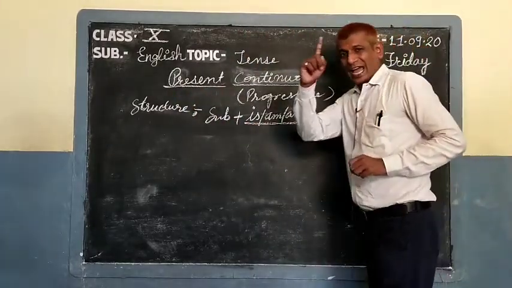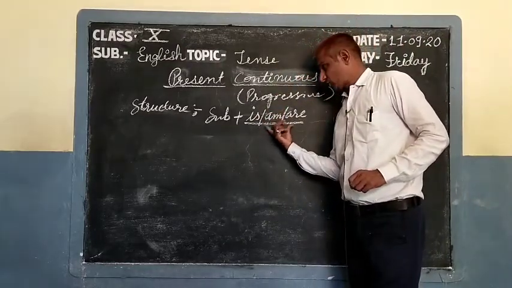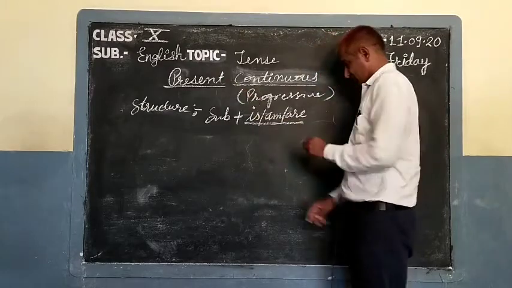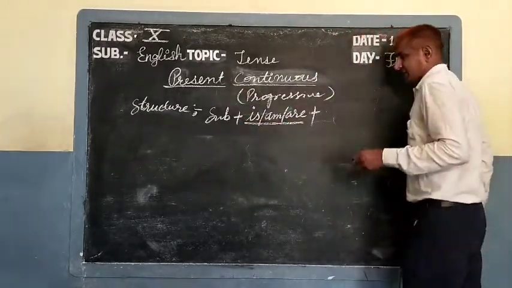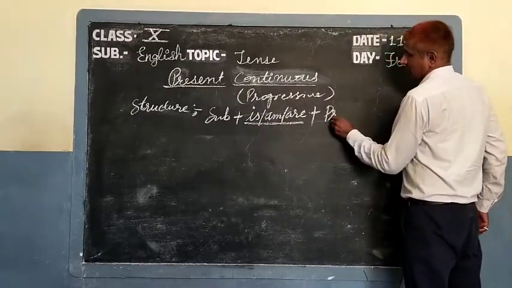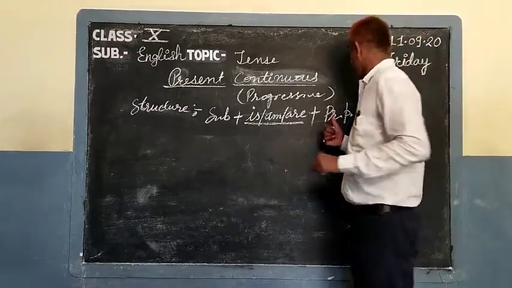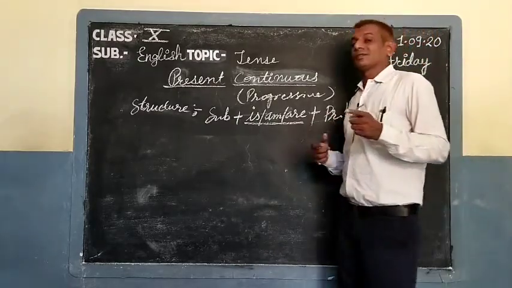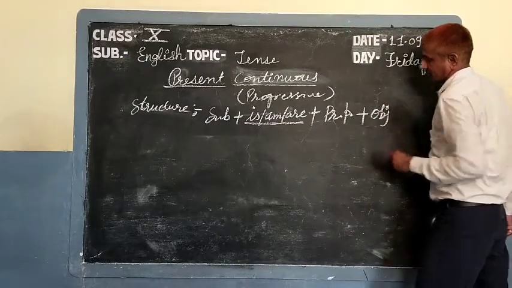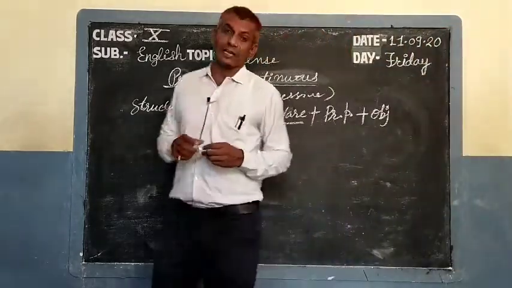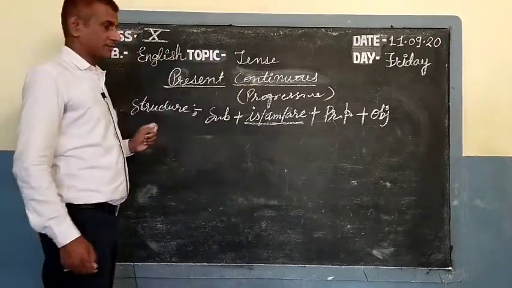I told you the nine verbs; out of the nine verbs, these three, is, am, are, are present, plus continuous. Subject plus is, am, are plus present participle verb, meaning progressive, the fourth form, and then object. This is the structure of a present continuous sentence.